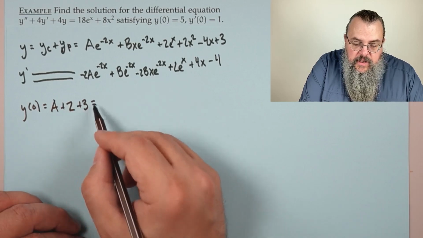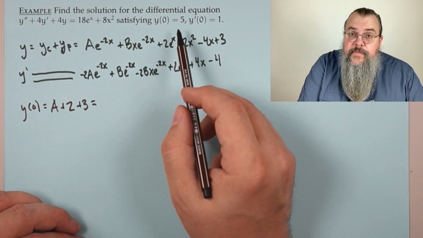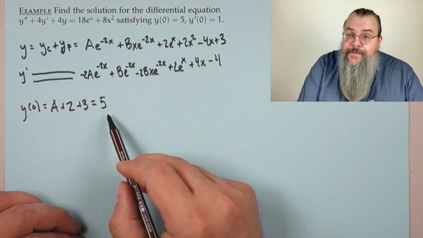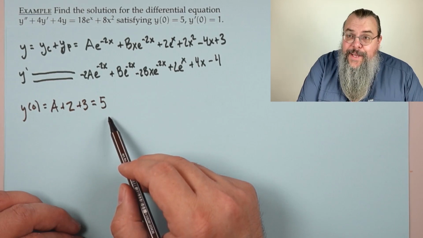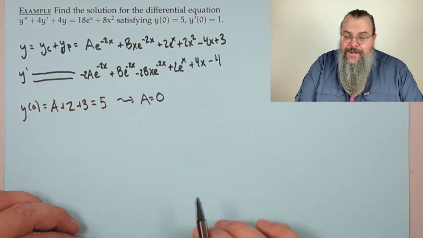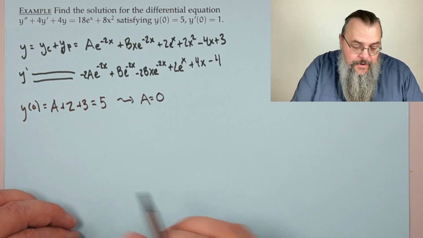And all of that together is going to equal 5. Okay, so a plus 2 plus 3 equals 5. What does that tell us about a? Well, it tells us that a equals 0. Okay, well, all right, that happens, no problem.